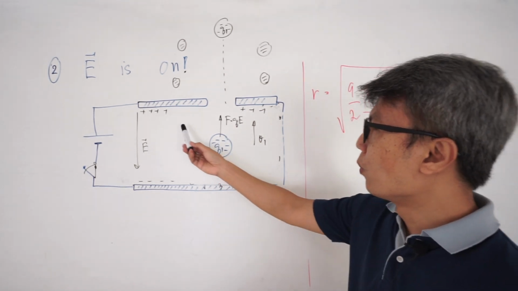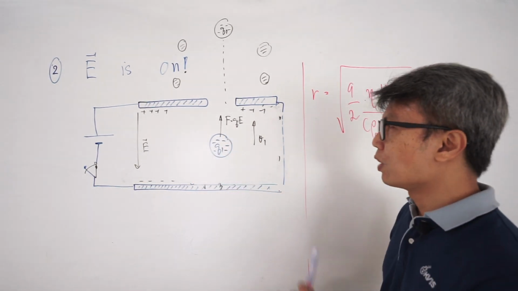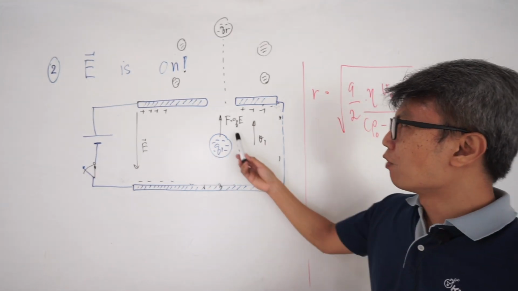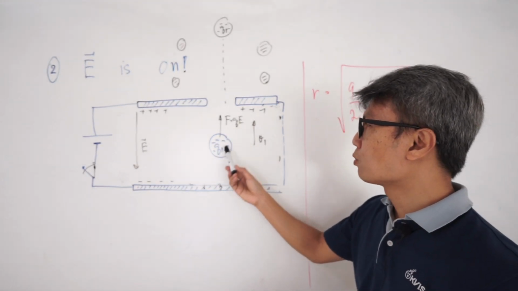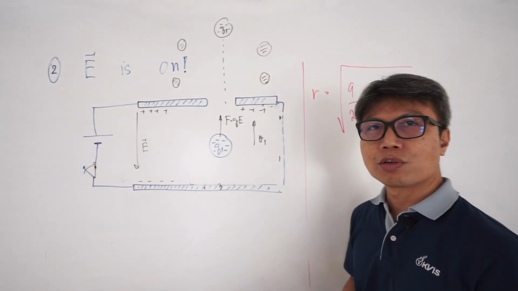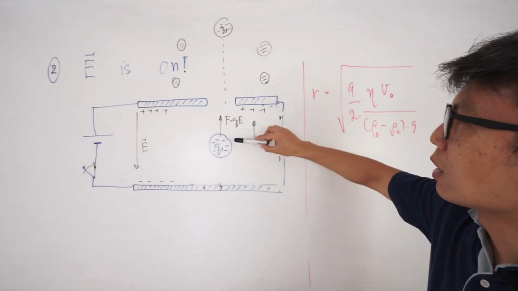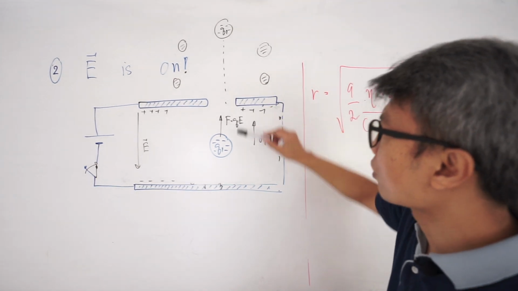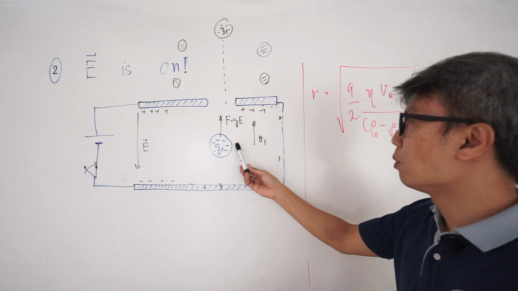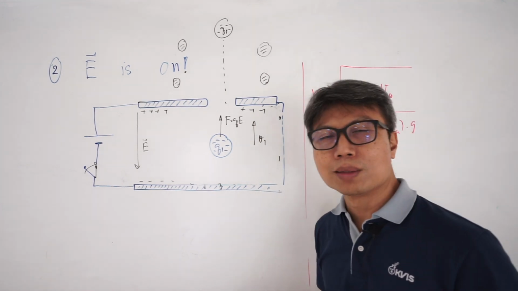When the charge that we are interested in is negative, the force from the electric field must be in the opposite direction of the electric field. And this electric field will pull up this oil drop with the terminal speed equal to V1.